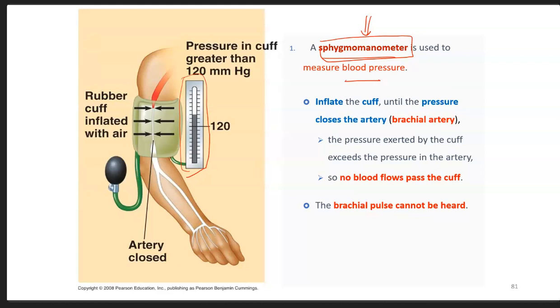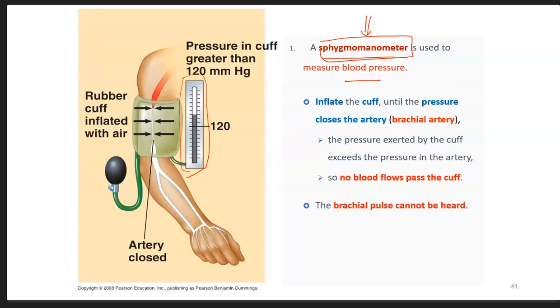That you wrap around your upper arm. Before you wrap the cuff around your arm, make sure that you push all the air out of the cuff.